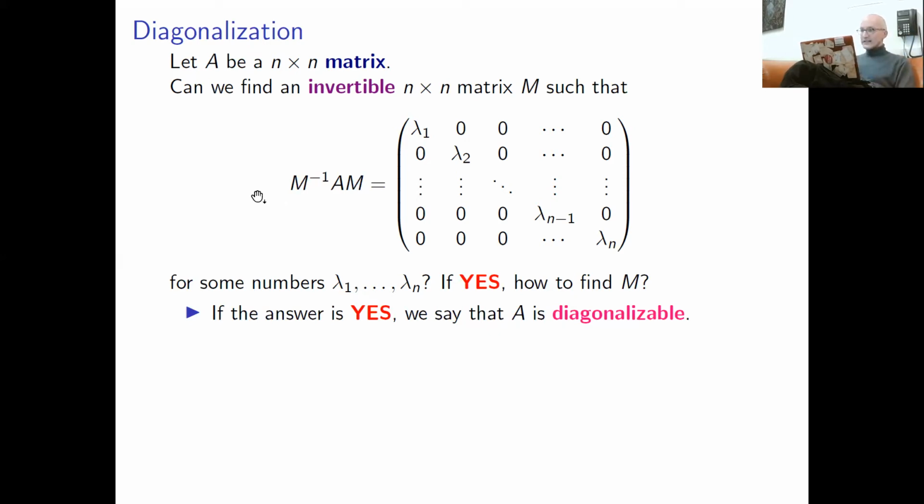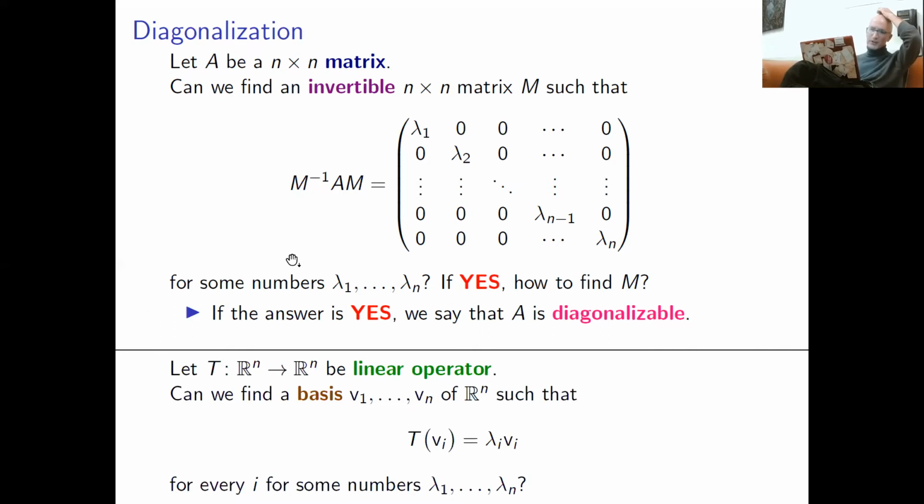So let me first translate this question into the language of linear operators, and you see that this question is actually a little bit simpler than the question about matrices. Or maybe not simpler, it depends what you consider to be simpler. If I have a linear operator T from n-dimensional space to n-dimensional space, the question is, can we find a new basis of my n-dimensional space, v1, v2, ..., vn, such that the matrix of T with respect to this basis is diagonal?